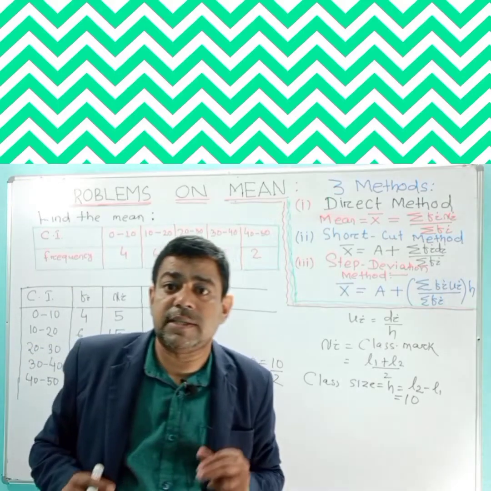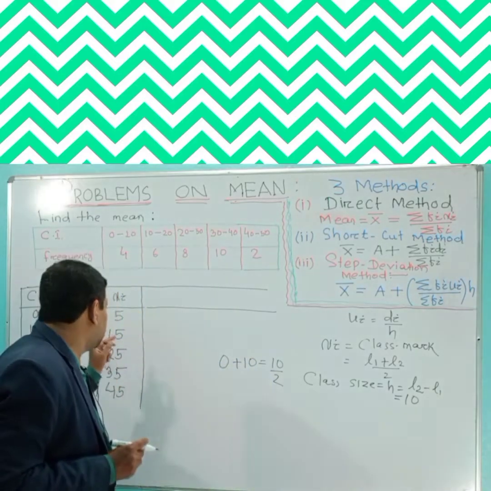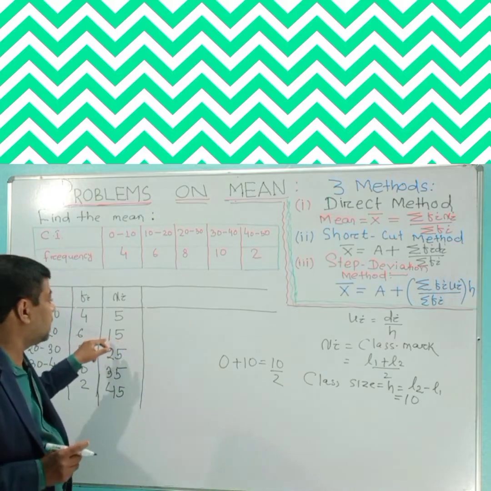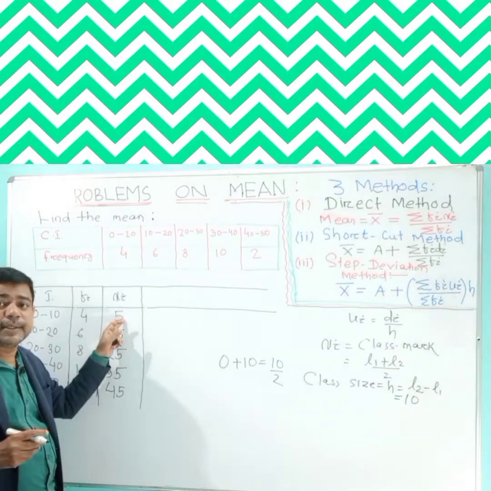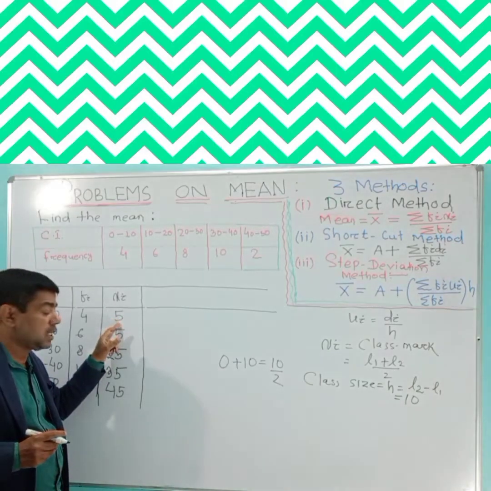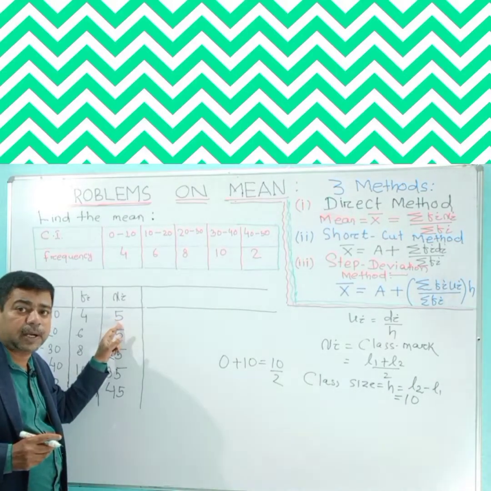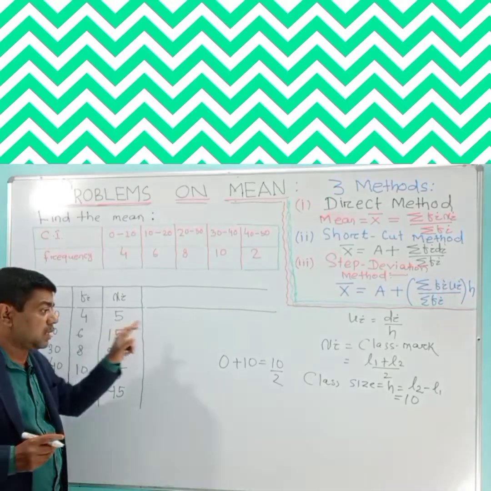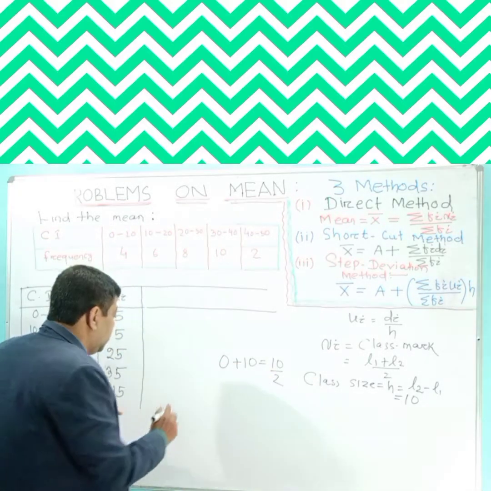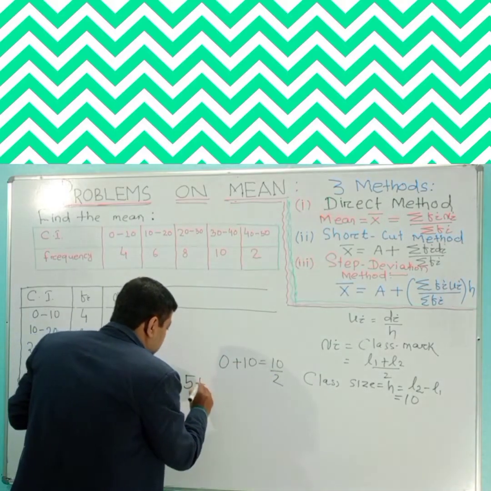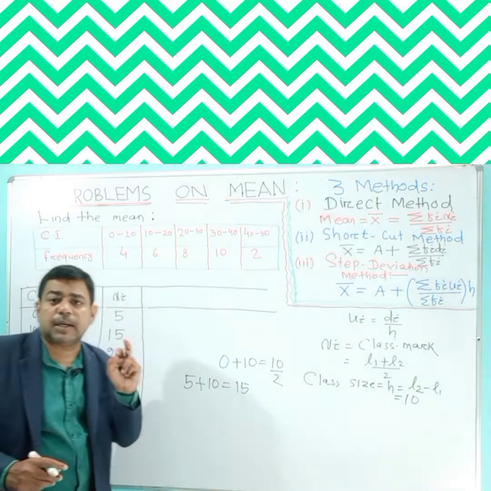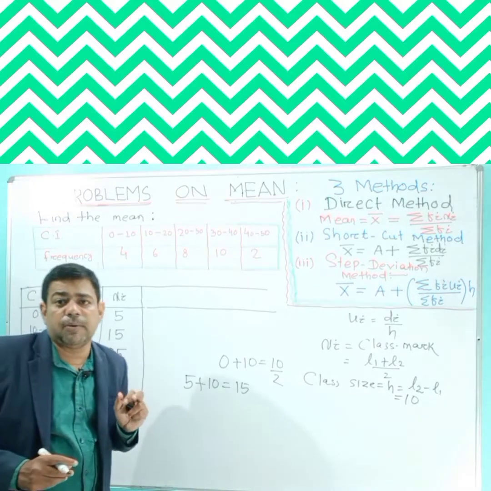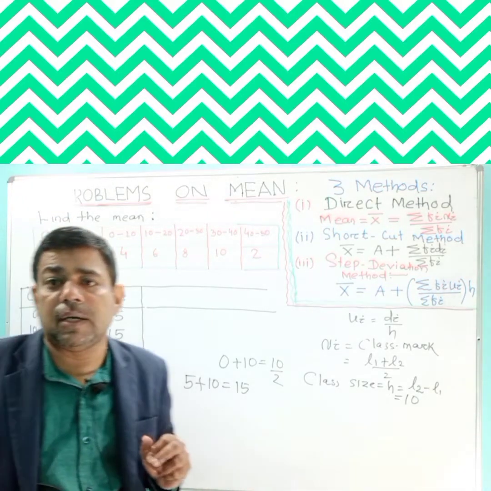If the class size is the same value, then you can find out the class mark of the next class interval just by adding 10 to the previous class mark. The class mark of the first class interval is 5. What is the class size here? 10. So adding 5 plus the class size 10 gives 15, which is the class mark of the second class interval. This is another way you can find out the class mark.